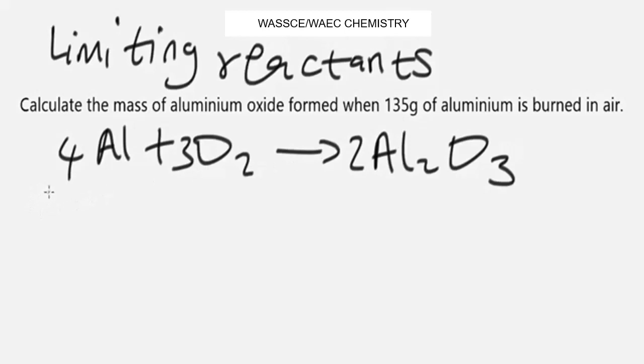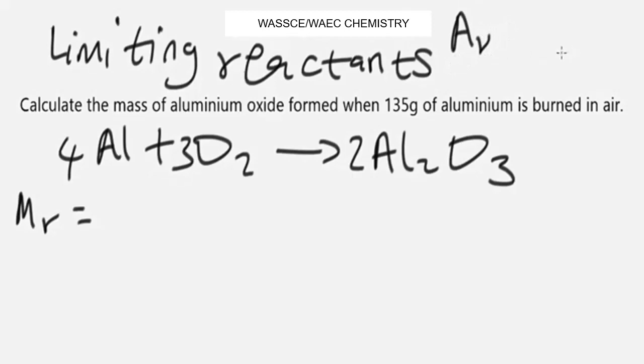Now, the next thing we're going to do will be to calculate the relative formula masses of the elements or compounds in this reaction. Now, for that of aluminium, the relative atomic mass. Let me give you guys the relative atomic masses.